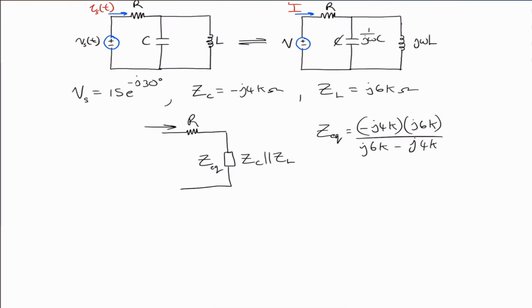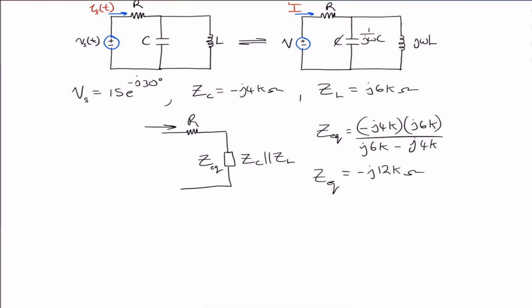All we have to do is combine those, and that simplifies to negative 12K times j, so that would be negative j times 12 kiloohms. So that is our equivalent impedance.